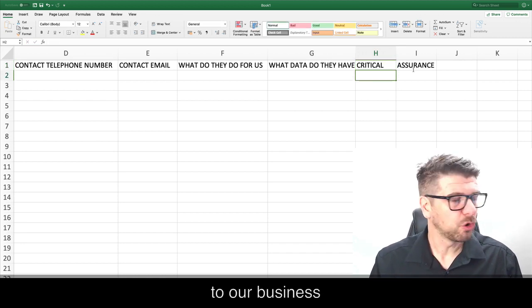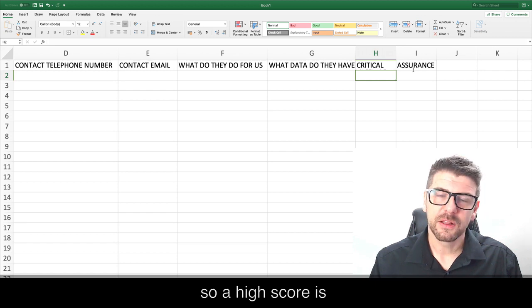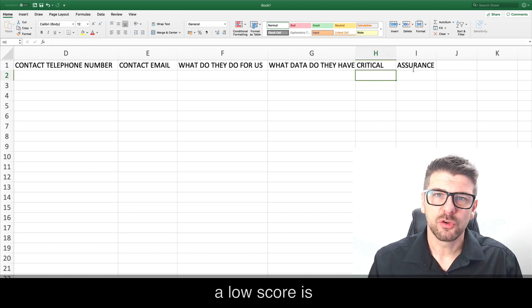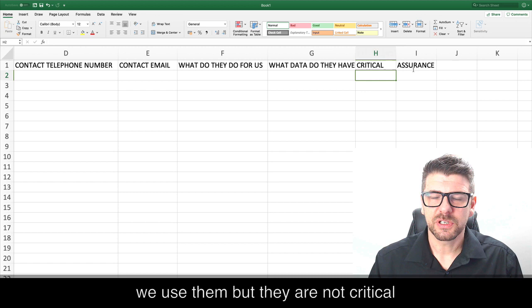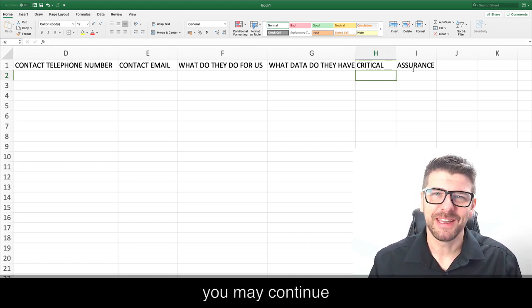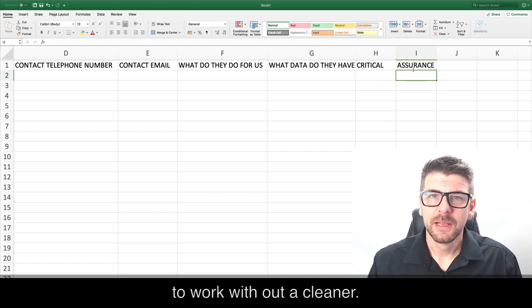So a high score would be if that third party went bust, we couldn't operate. We're wholly reliant on them. A low score would be that we use them, but it isn't critical. For example, a cleaner may technically be quite a low criticality to you. You would continue to work without one.